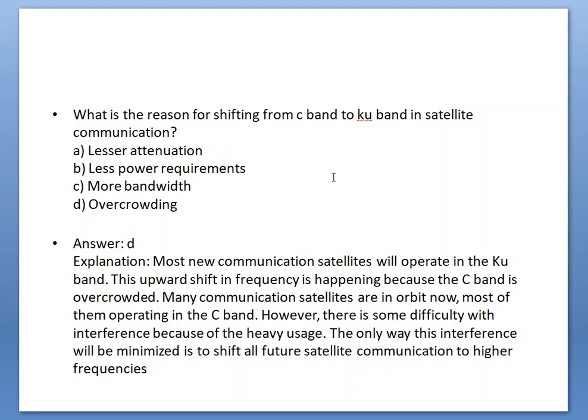The upward shift in frequency is happening because the C band is overcrowded. Many communication satellites are in orbit now, most of them operating in the C band. However, there is difficulty with interference because of heavy usage. The only way interference can be minimized is to shift all future satellite communication to higher frequencies. So that's why we are shifting from the C band to the Ku band.